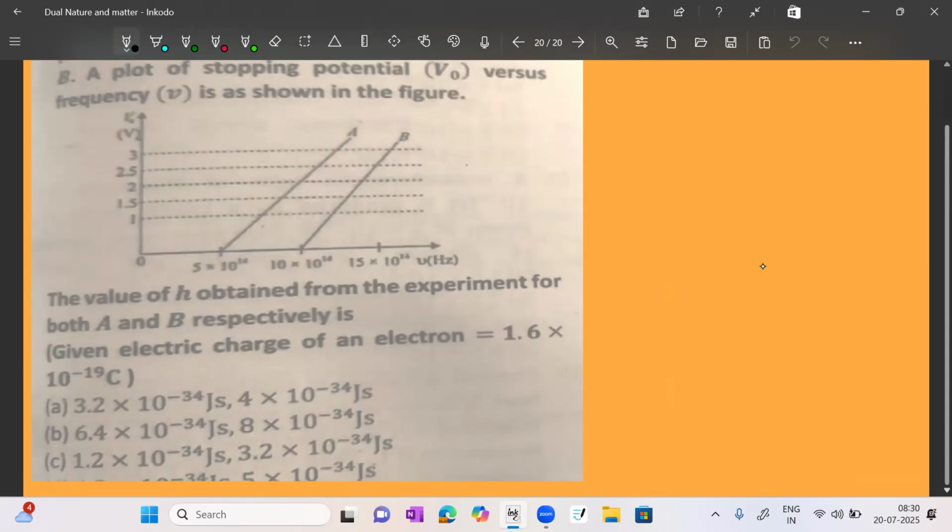See, here the slope of this graph will give h by e. So slope is equal to h by e.